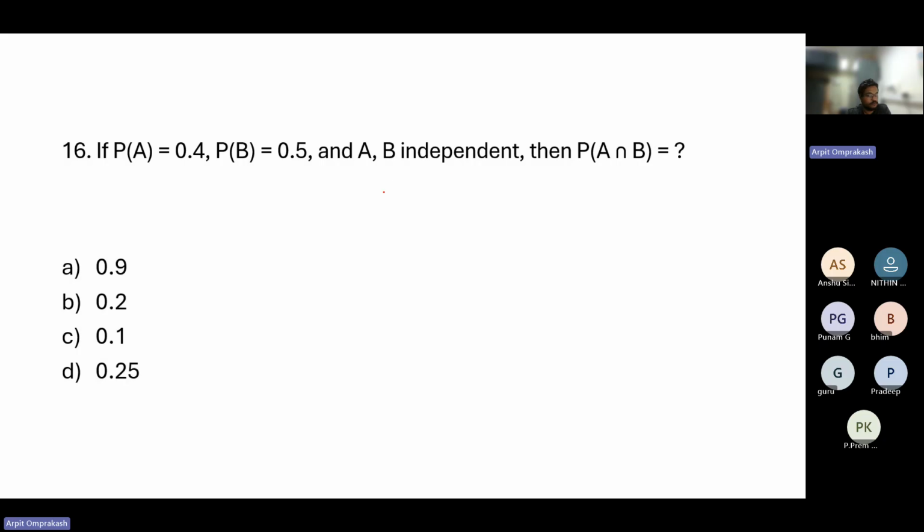If you remember, when two events are independent of each other, that means the occurrence of one does not affect the probability of occurrence of the other, right? So in that case, probability of A intersection B is nothing but probability of A into probability of B. So the answer here is 0.4 into 0.5, which is 0.2.